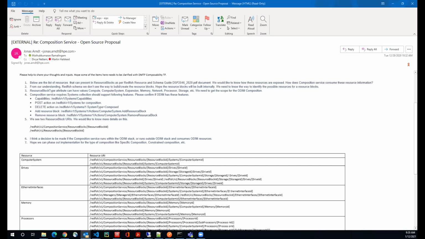Well, there are some differences, for instance, a firmware upgrade. How would that be? That's a good question, and that's exactly why I'm bringing this up, because in some sense, once I create a computer system, whether it's been composed or not, once I discover an existing computer system that has been statically created by a vendor, now I just want to be able to do the usual lifecycle operations.